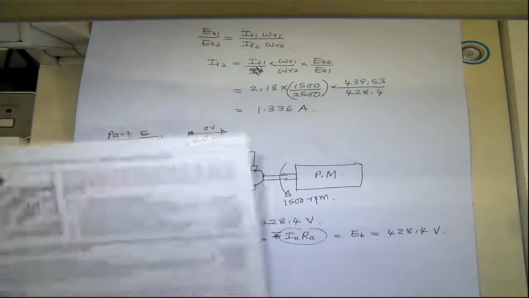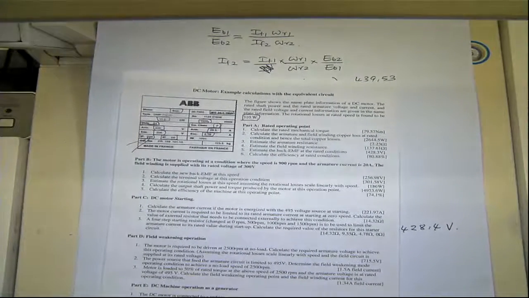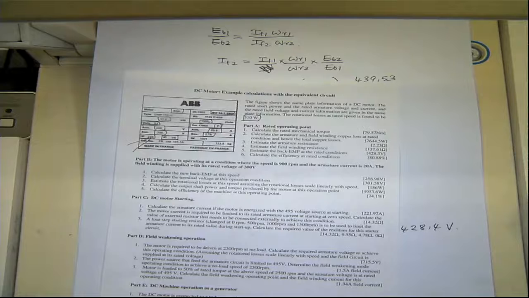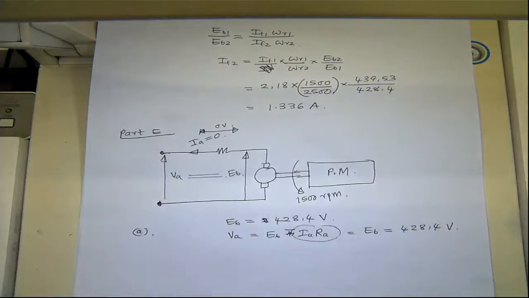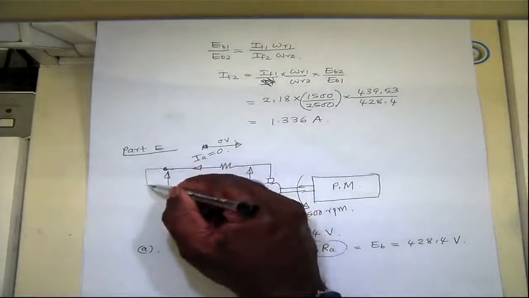So the second part says the generator is loaded until the armature current is at its rated value. Calculate the terminal voltage and output power delivered at this operating condition. So that means now you are connecting some load here.